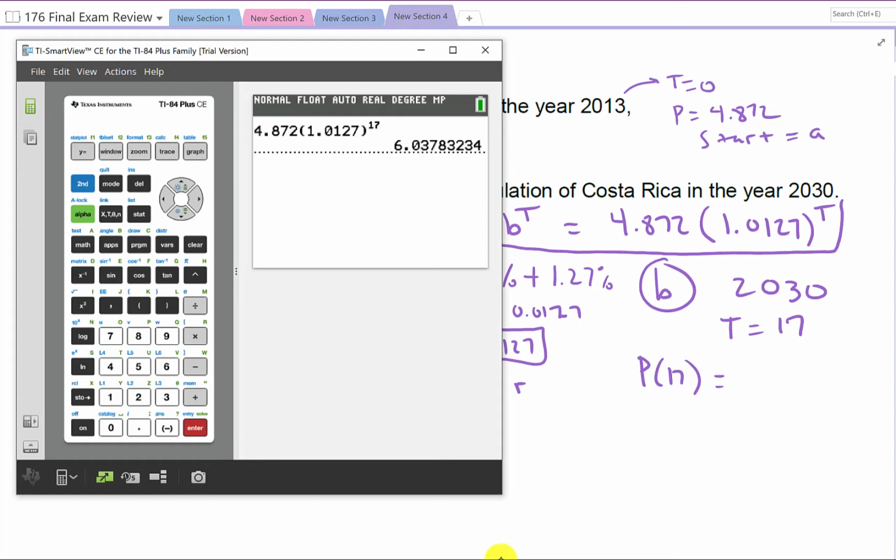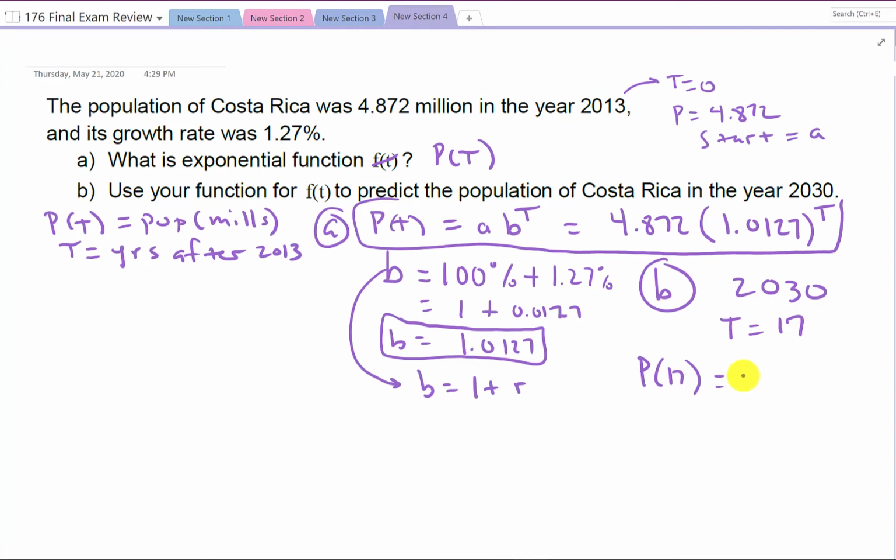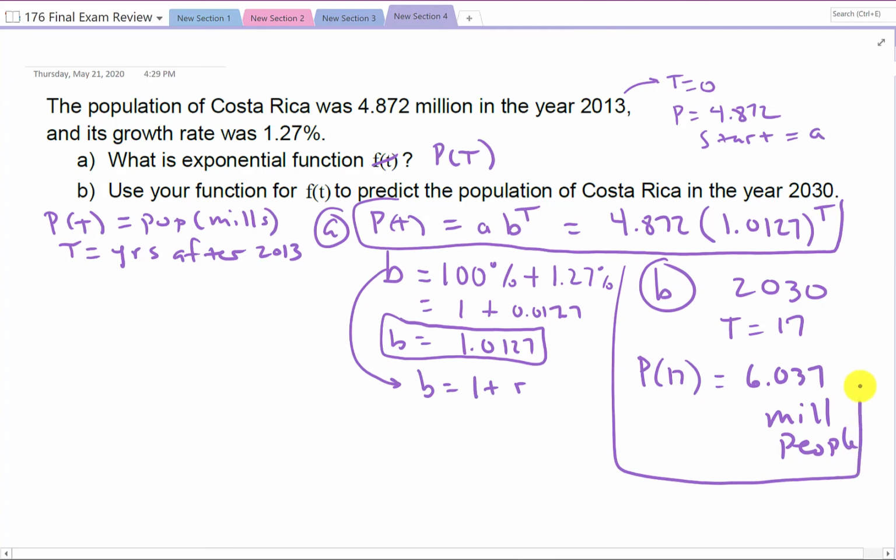That's a lot to round off. 6.037 million people. So there is our solution to the second part of this problem. All right, I got one more of these applications for you.